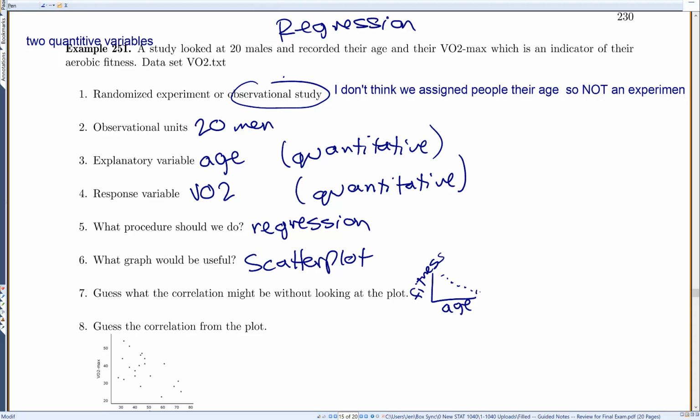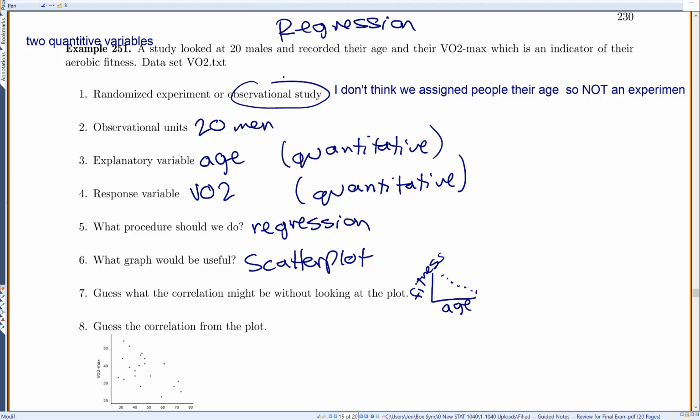Is everyone going to be exactly on a line? Is every 40-year-old the exact same fitness? Or every 50-year-old? Definitely not. There are a lot of possible confounding factors: how much they exercise, their diet, their genetics.